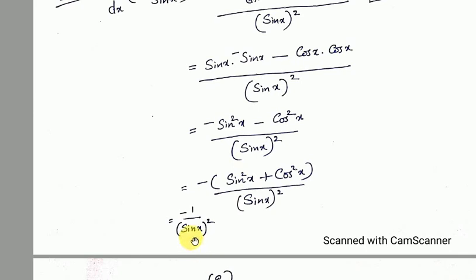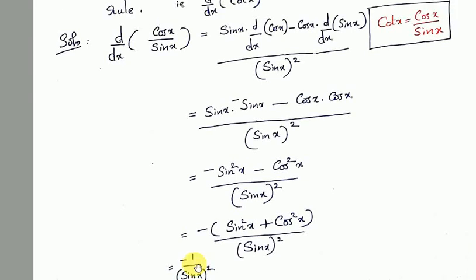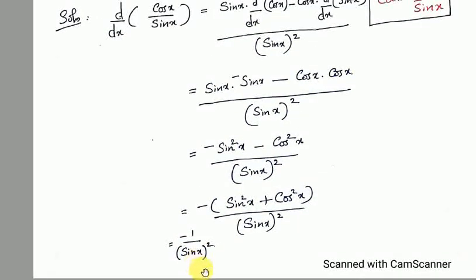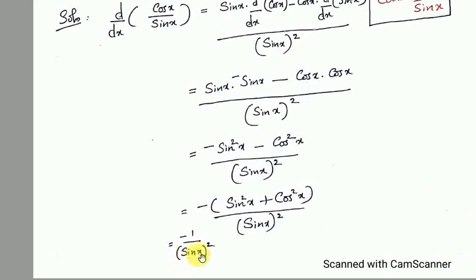So again we can simplify and write, if you want, the standard result for the derivative of cot x. 1 by sin x is cosec x. So 1 by sin x whole square, that is 1 by sin square x, becomes cosec square x. So derivative of cot x equals minus cosec square x.